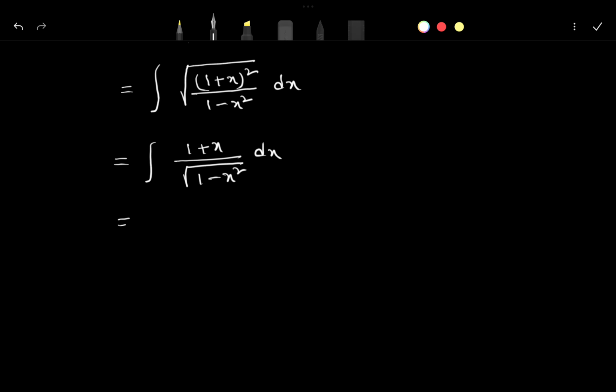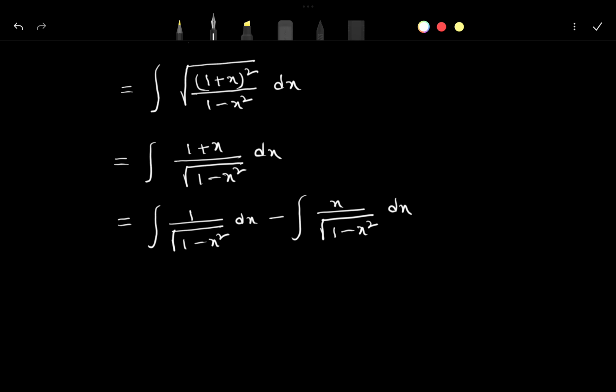So after that you split it into two terms: integration of 1 by root of 1 minus x square dx, minus integration of x by root of 1 minus x square dx. See, here it is very simple. Now in this one, you write plus here and minus there.